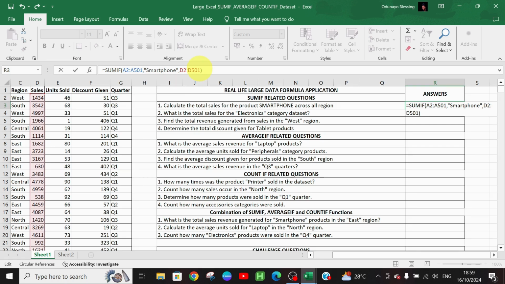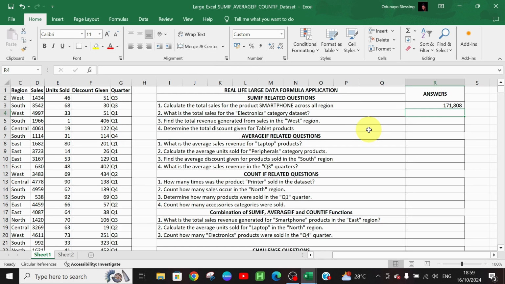Then you close the bracket and press enter. This shows that the total sales for product smartphone across our regions is 171,808.